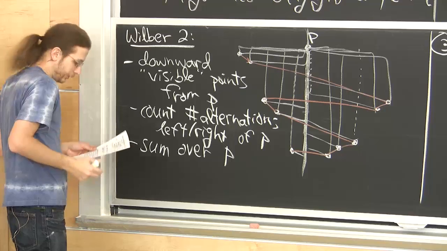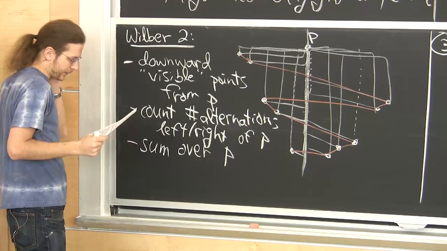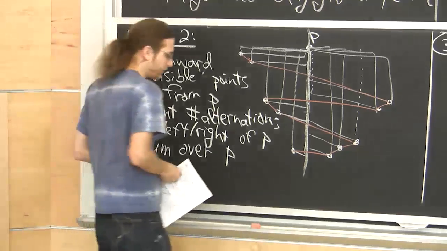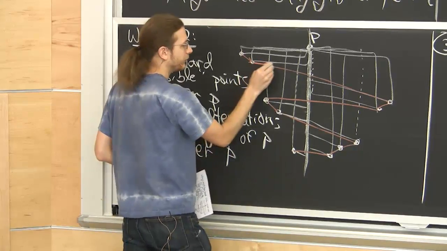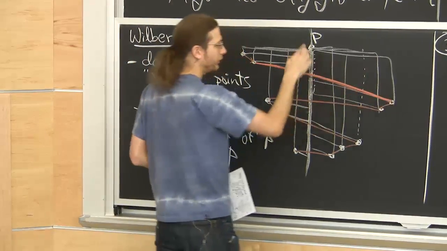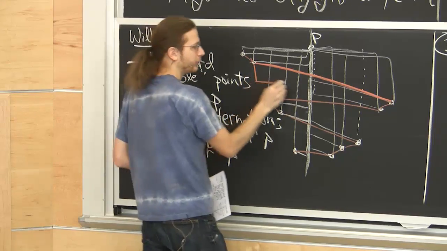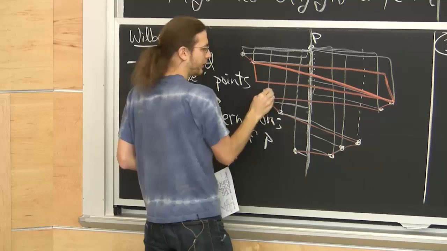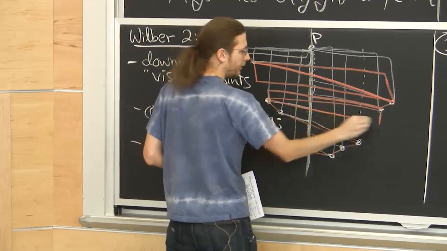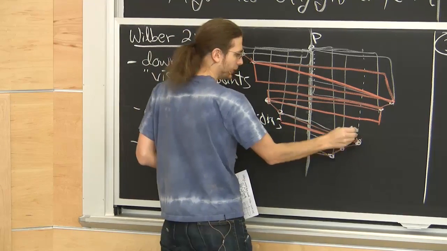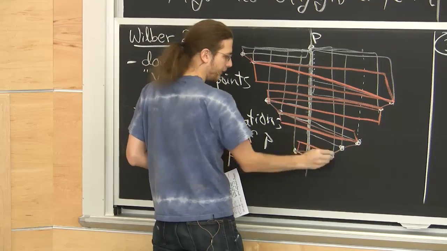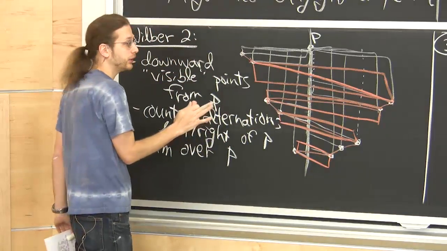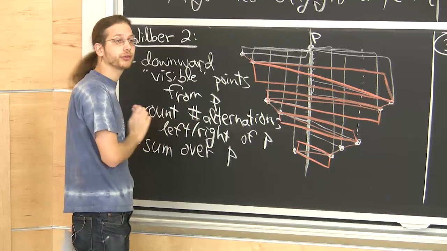Okay, why is it a lower bound? Essentially, I take each of these red lines that cross the P vertical line, and I turn them into a box. So there's one there, one there, one there, and one there. Claim: if I do this for all P, all those boxes will be independent.